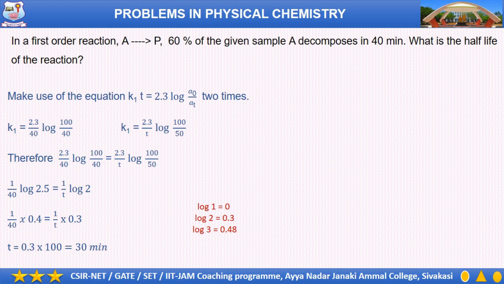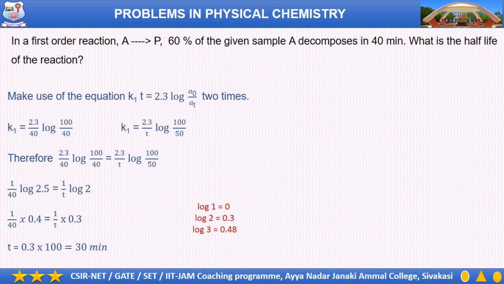Take it as 0.5, therefore the log is 0.4. You are doing an approximate one. Right? You follow this. Then 1 by x into log of 2, 0.3. Find out the x. That way you can put whatever may be the percentage of conversion.